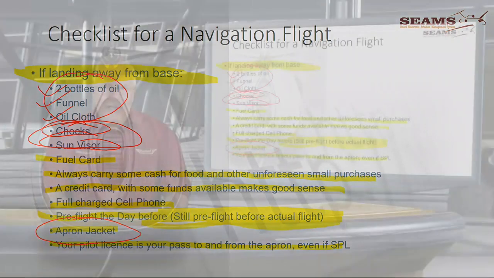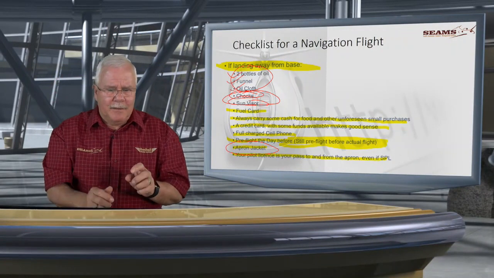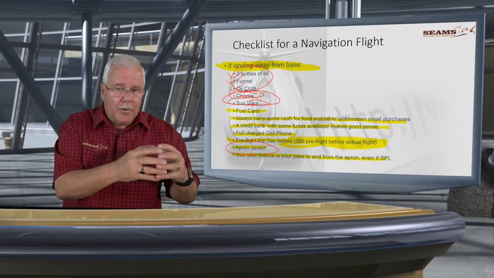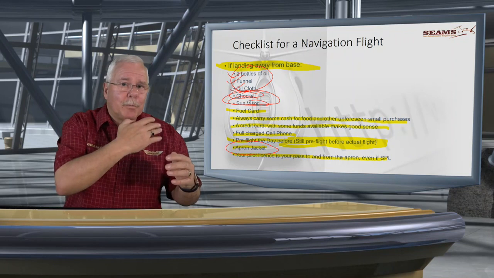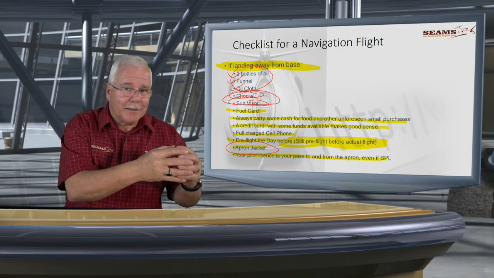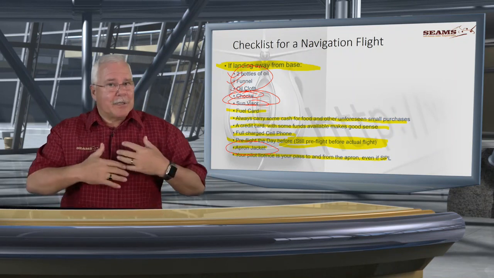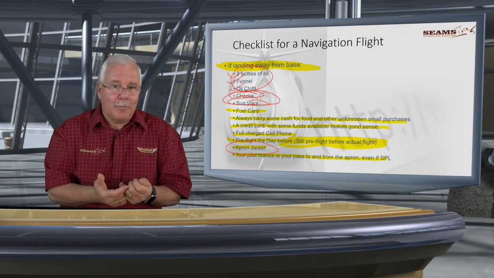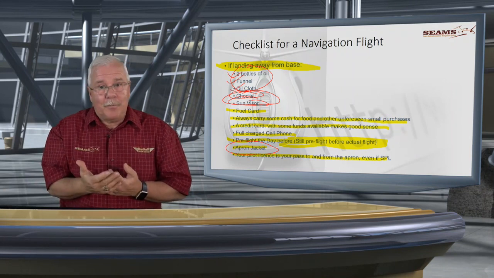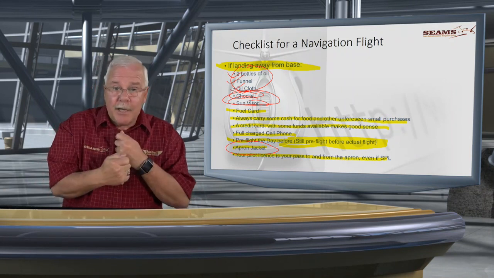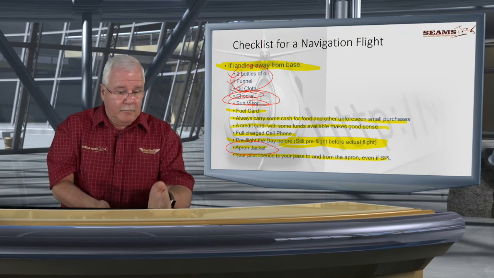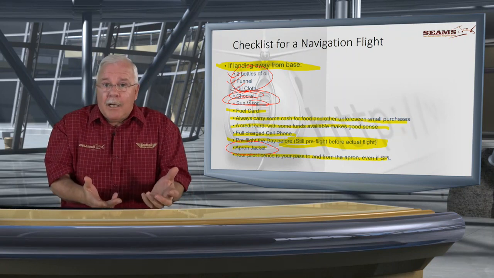That's just a little checklist. Oil for your aircraft, but also the equipment to put the oil in and keep things clean. You obviously need all your aircraft information with you, but you also need your pilot information with you. You need a jacket and you need chocks. What else is there? Money.